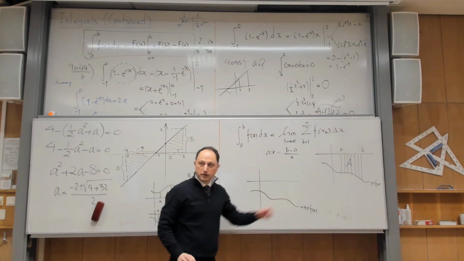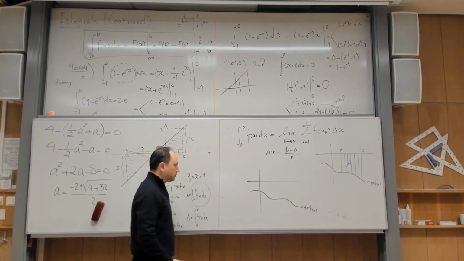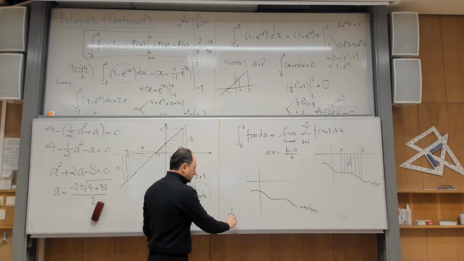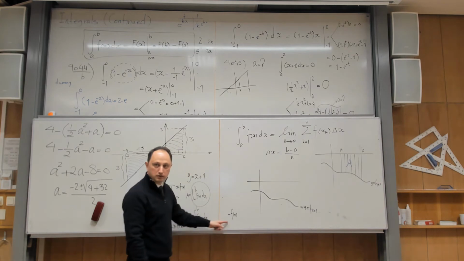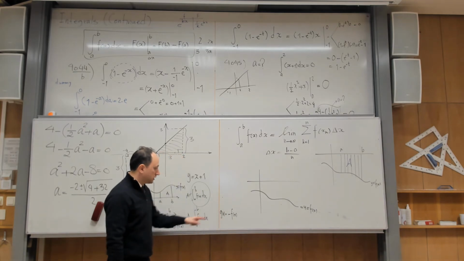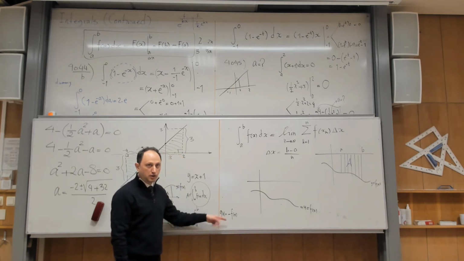Can you help me, because I have to be very precise: if I multiply my function by a negative sign and call it a new function g of x, and I ask you to draw the graph of this function, how do you draw it?